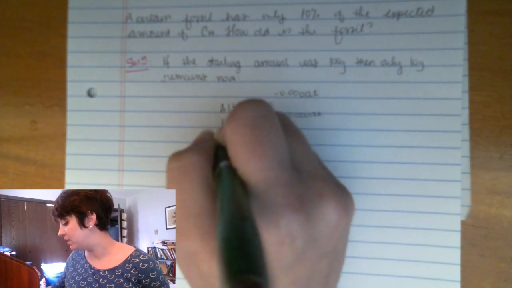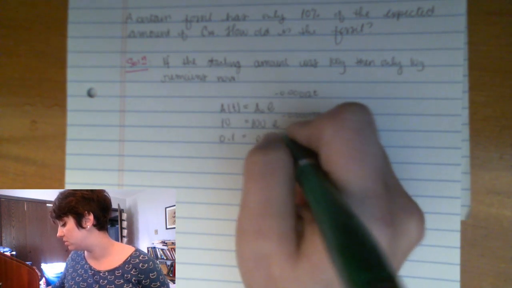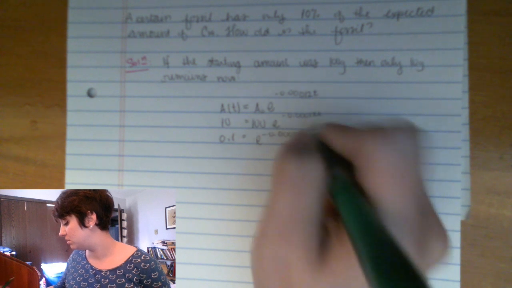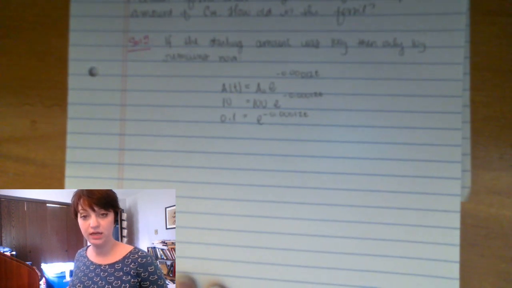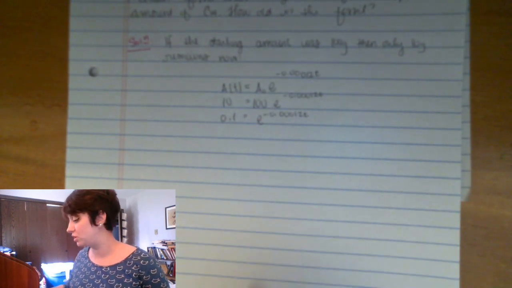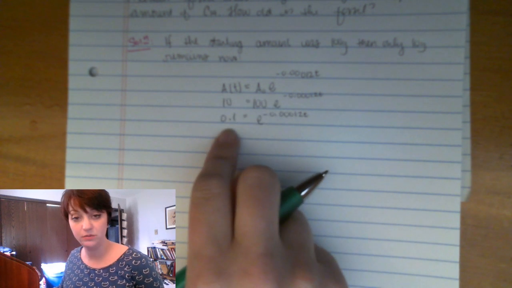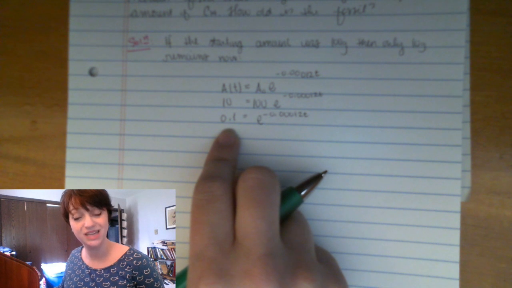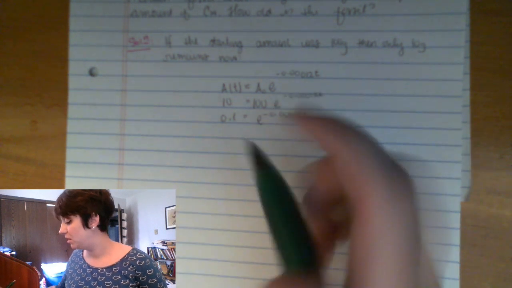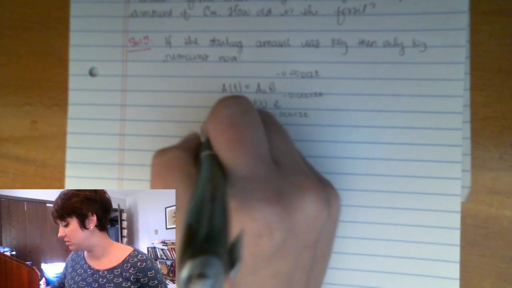If I divide by 100, that gets me 0.1 on the left. So again, it doesn't matter how much you start with, because once you divide, you're always going to be left with 0.1 on this side because only 10% remains. All right, take a natural log of each side.